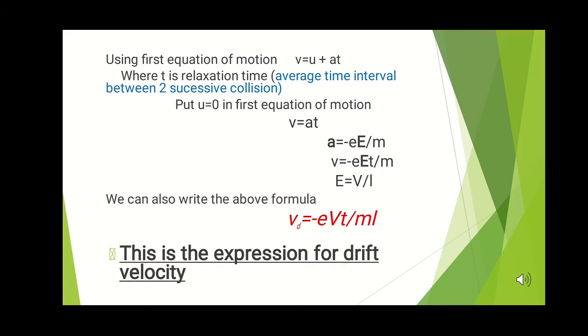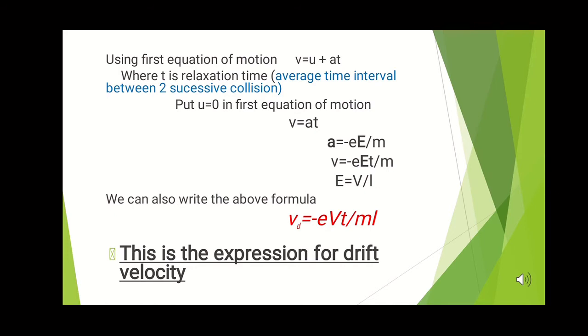This is one expression for the drift velocity of the electron in terms of the electric field. In books they represent v as vd and t as tau. You can also use this.